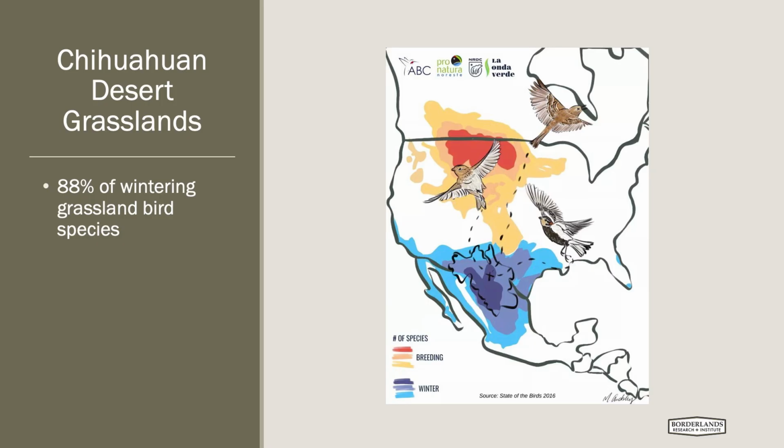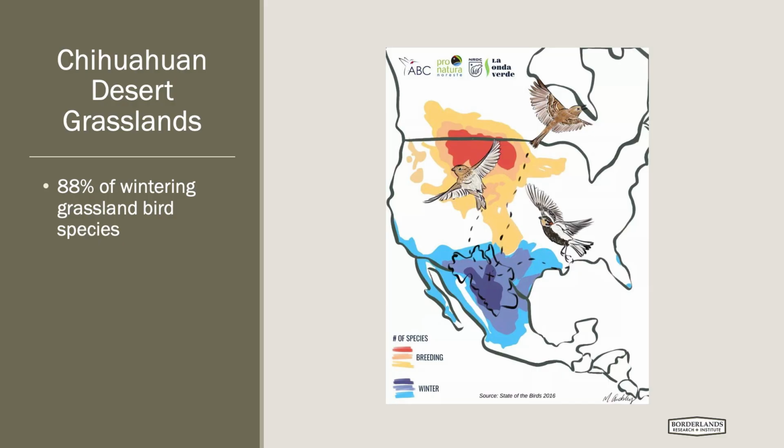Now, this is a really stylized picture, but this is kind of to dive into why we've seen these declines in our grassland obligate birds. So the warm colors here are the breeding areas for our grassland obligate species across the U.S. and really North America. And then these cool colors are the wintering areas.